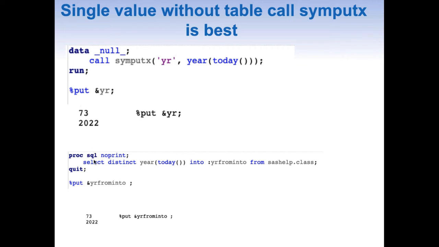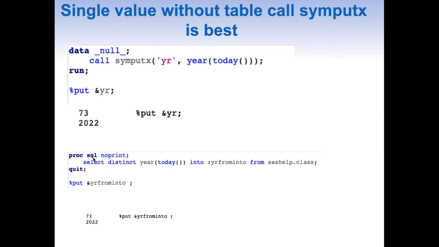And to do the same in the PROC SQL INTO clause, we need to write PROC SQL NOPRINT, and then we need to say SELECT DISTINCT, and then apply our two functions here, and then INTO and then colon and our macro variable name FROM sashelp.class or any data set here.